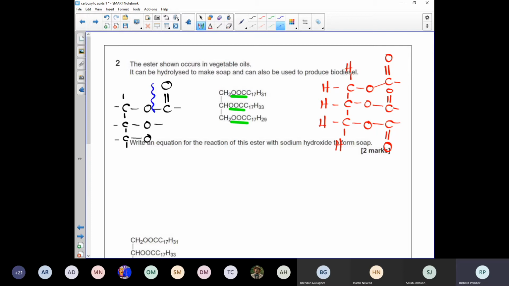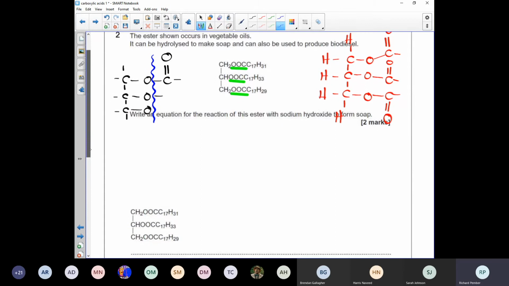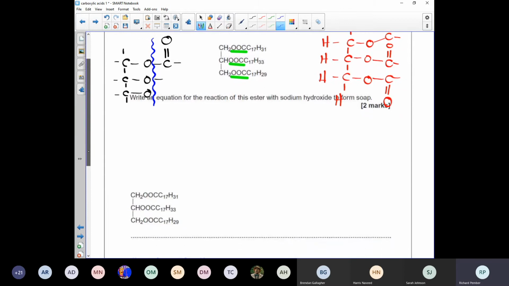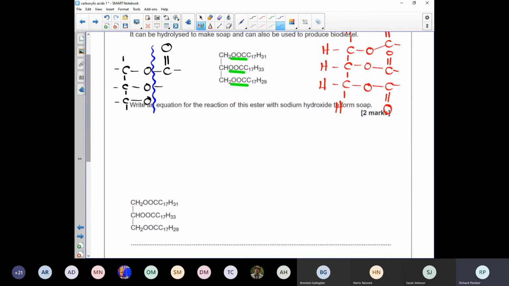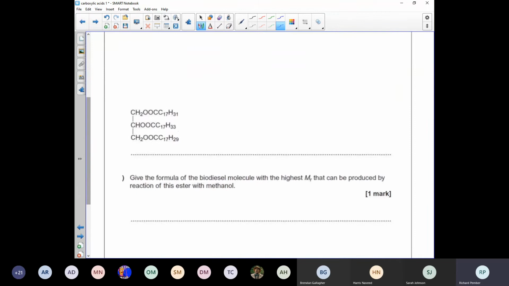So we want to go down our 3 ester links, and we're going to reform glycerol, which is the propane 1,2,3 triol. So down here, I've got plenty of space to draw my answer, so I'm just going to draw my propane 1,2,3 triol.